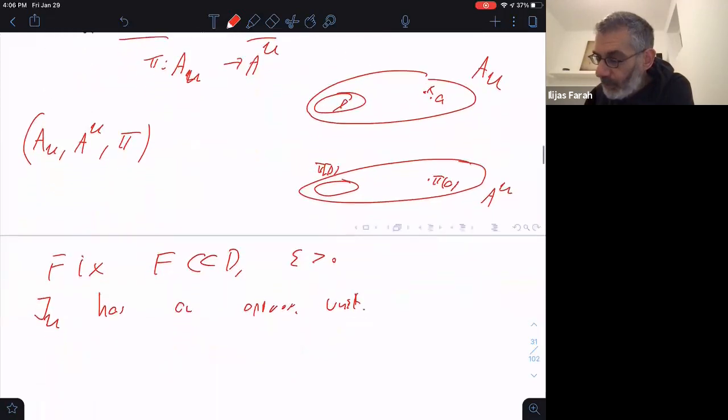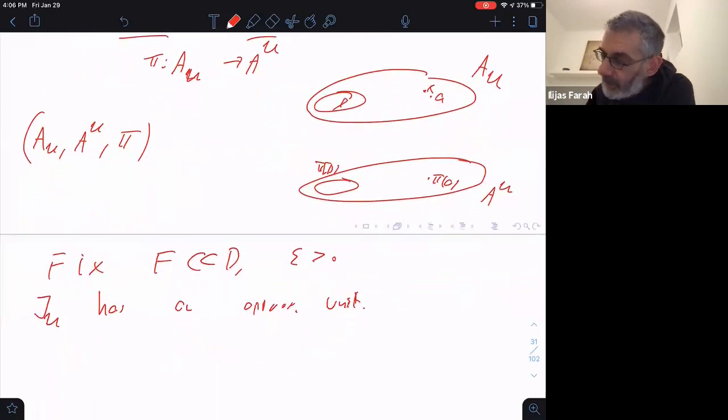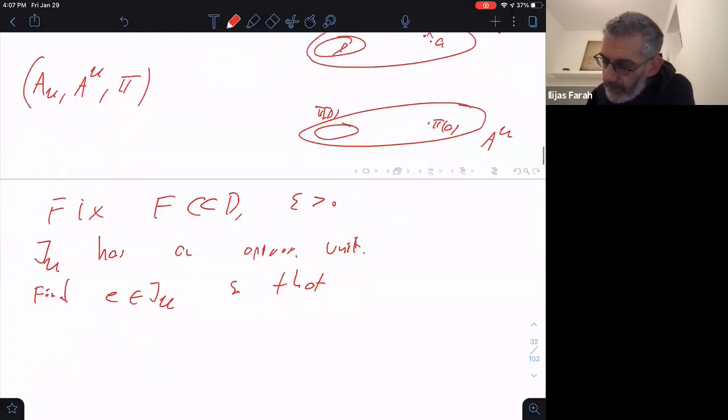So find E in J_U such that the following happens.